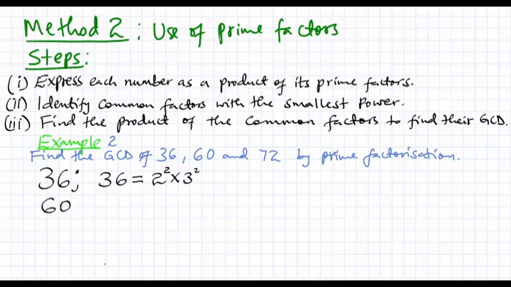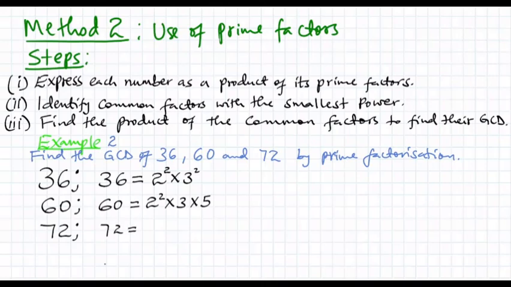Then for 60, writing it in prime factor form will be 2 squared times 3 times 5. And then 72 in terms of prime factors will be 2 cubed times 3 squared.